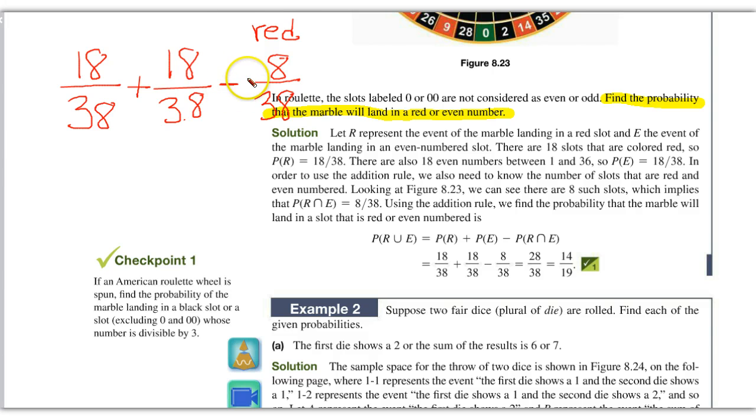We have to subtract the red that are already included here.